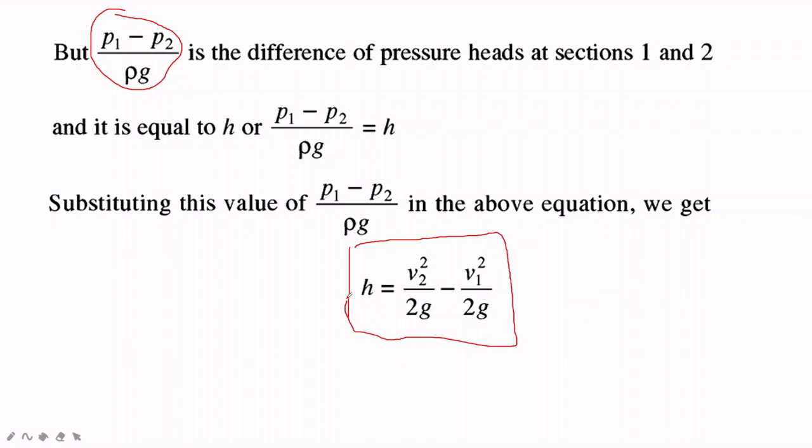Here we take P1 minus P2 by rho g as H, because it is the difference of pressure head at section 1 and 2.